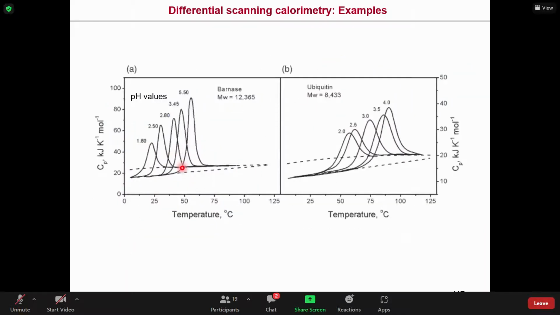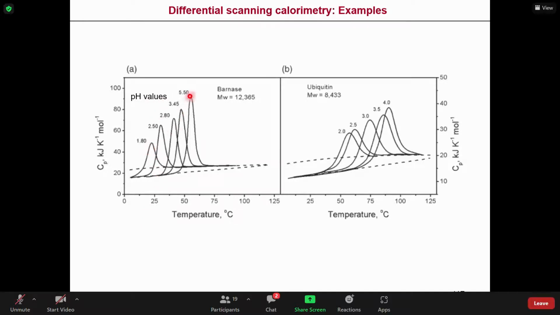In this example, the authors used two proteins, barnase and ubiquitin, and performed the DSC experiment at different pH values.